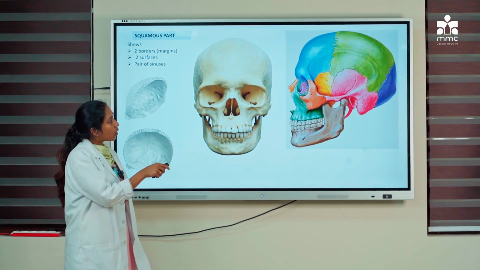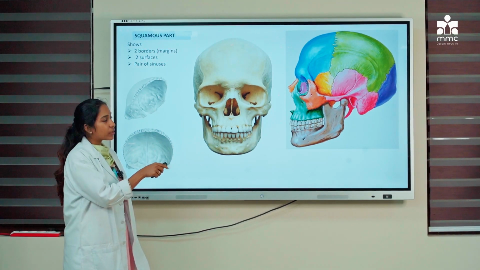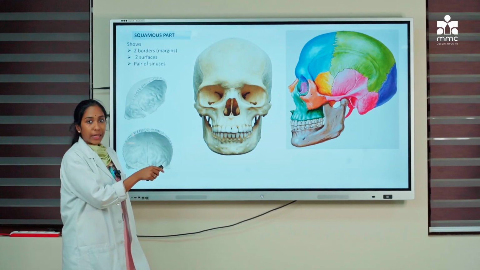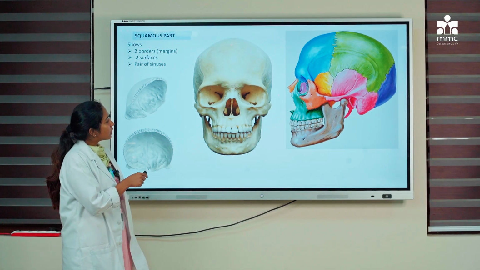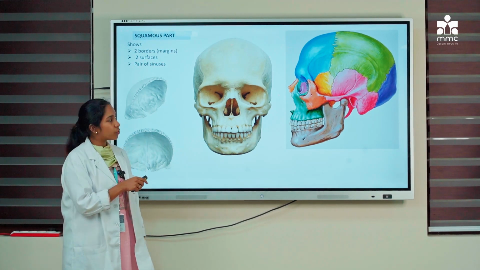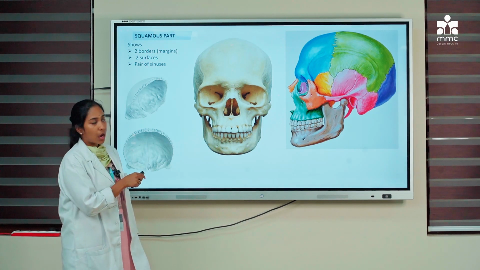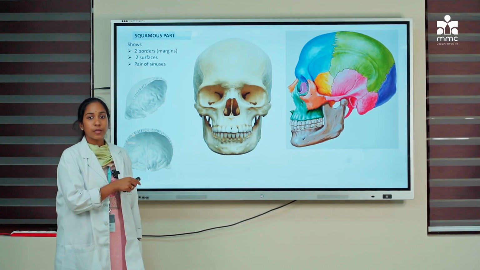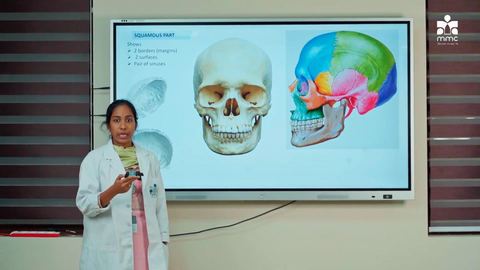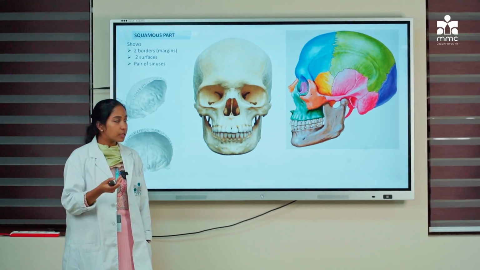This is the posterior border, the parietal border, which articulates with the parietal bones, and here is another border, called the supraorbital margin, which separates the squamous part from the orbital plates. It also has a pair of frontal sinuses, as we said.